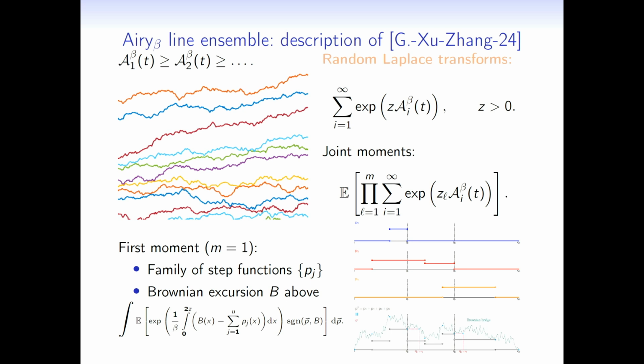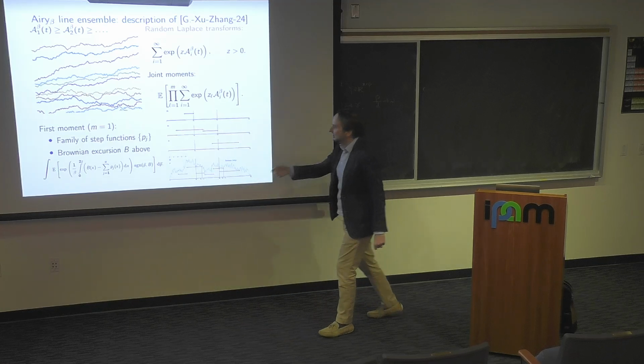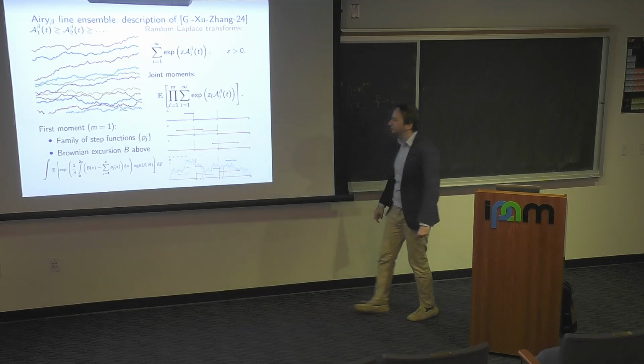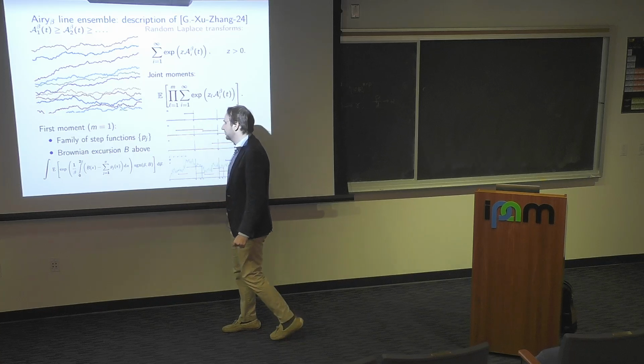These are functions making some jumps up and some jumps down, and you integrate with respect to the positions where these steps up and down happen. On top of that, there is a Brownian excursion which lives on top of all these functions, and you compute an expectation with respect to this excursion, which is very explicit, since everything is known about the excursion. Then you integrate with respect to these positions.